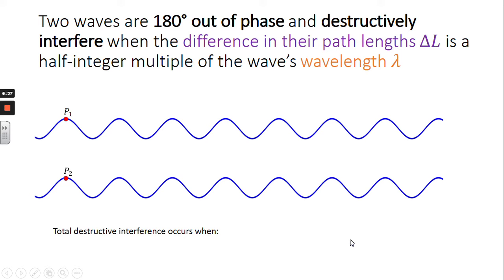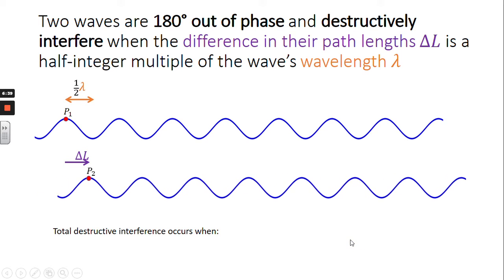But if I shift P2 over just half of a wavelength, now the waves are out of phase. The trough of the top wave matches up with the crest of the bottom wave. And this is shifting over just half of a wavelength. So we get destructive interference when the path difference delta L is a half wavelength between the 2 waves.